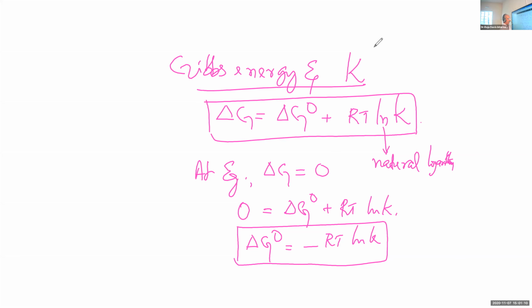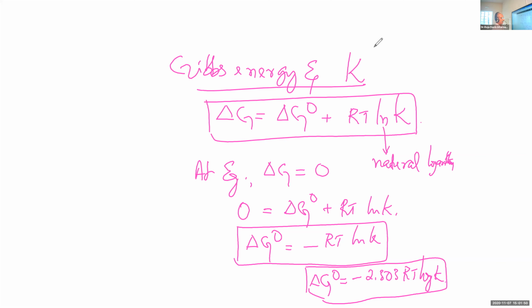So delta G0 is equal to minus RT ln K. You can convert ln to log by simply multiplying by 2.303, and you get the equation delta G0 is equal to minus 2.303 RT log K. That is the relation between log and ln.